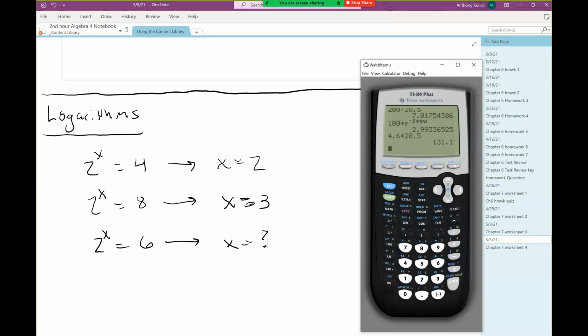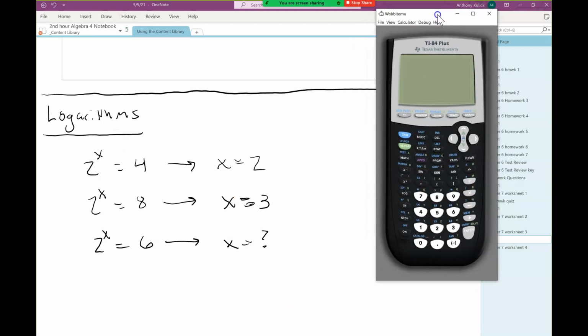Well, let's make a guess here. What do you think that x could be? 2.5 is maybe a decent guess, right? 6 is halfway between 4 and 8, and 2.5 is halfway between 2 and 3. Maybe it's 2.5. Let's check.